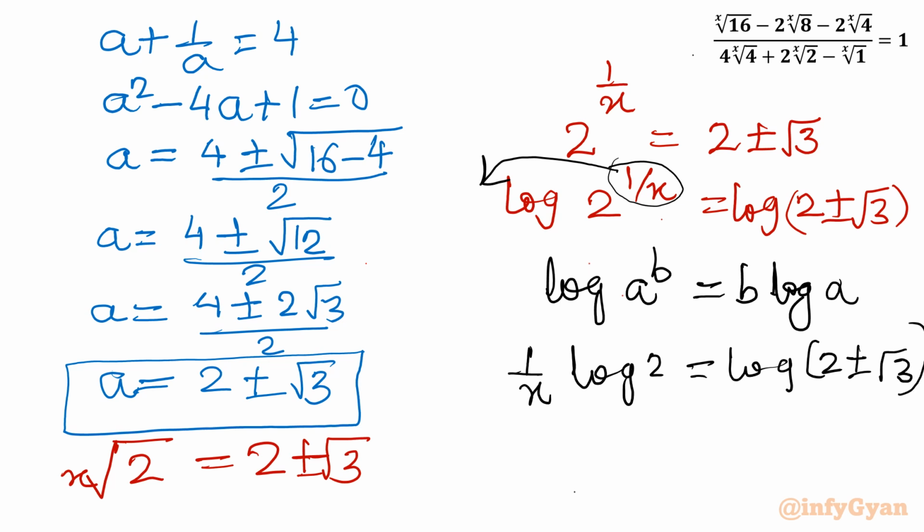2 plus root 3 is of course positive. 2 minus root 3 is also positive. So we can consider log of 2 minus root 3 also. So from here I can write x will be equal to log 2 divided by log of 2 plus minus root 3.